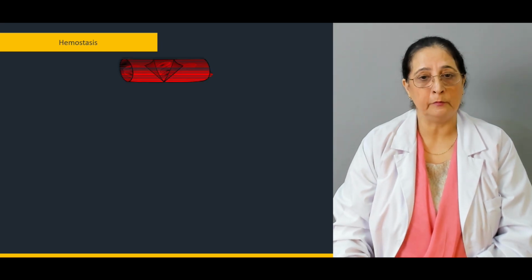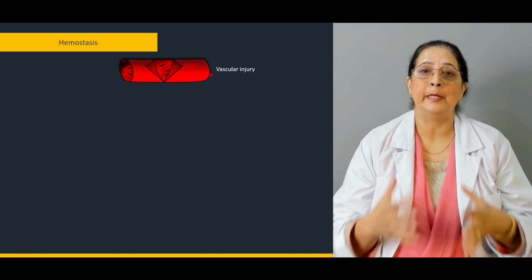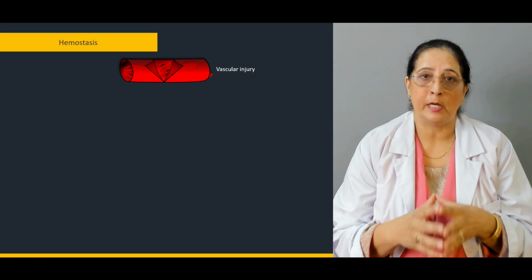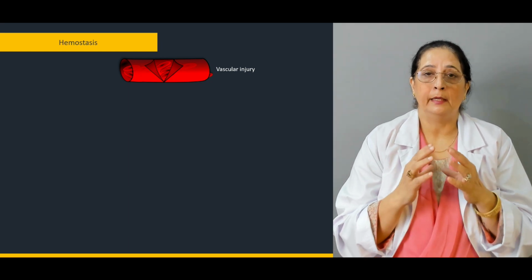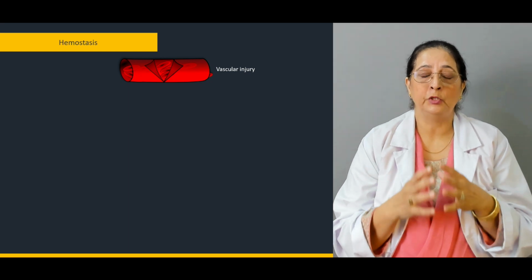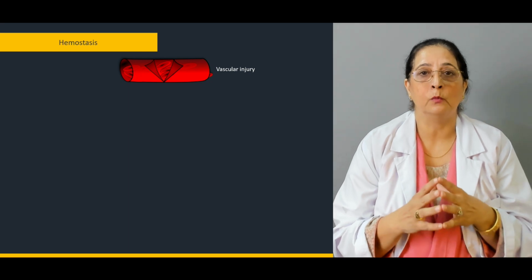Whenever bleeding occurs, there is injury to the blood vessel. We have arteries and we have veins; both together are known as the blood vessels.